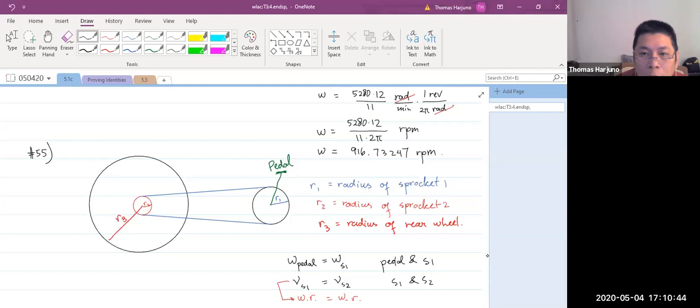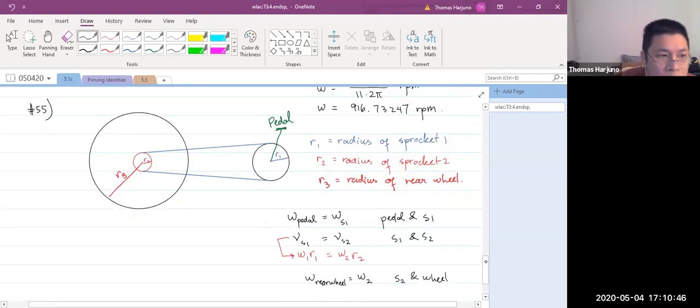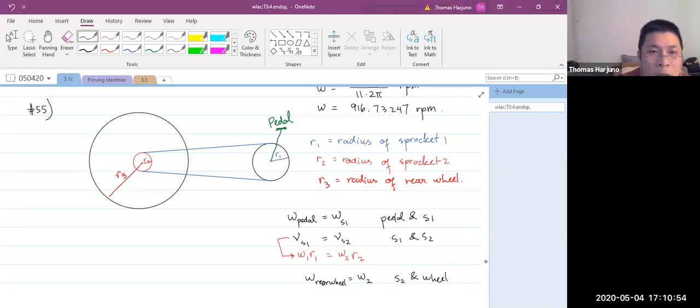So to practice, he doesn't have to actually ride the bicycle on the street. He can just practice at home, put some weight on his bike, measure the RPM of his pedaling, and the machine will give his speed.